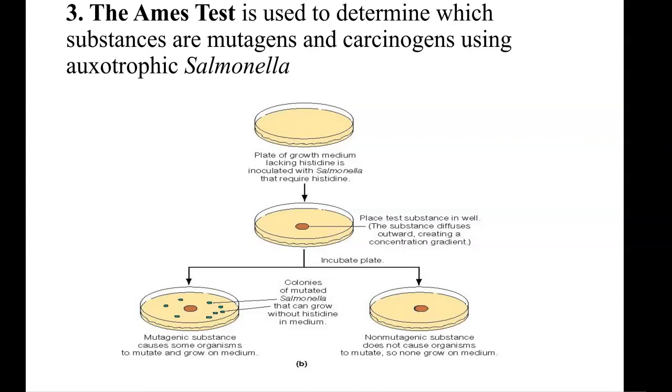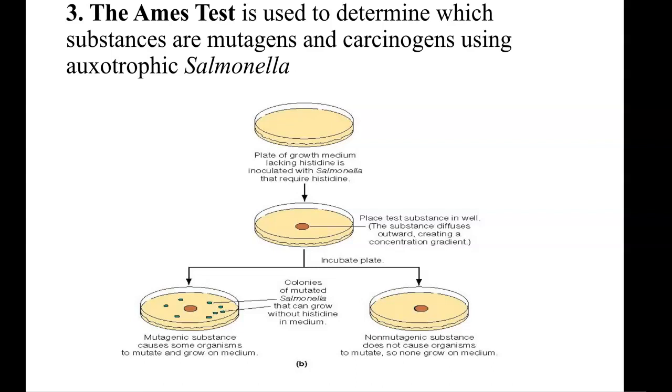This is how scientists test whether the chemical or drug they're testing forms mutations. They take a filter paper disc, soak it in the chemical they want to test, and put that on the lawn of growth. Then they incubate it. If that chemical did not cause mutations, the bacteria would not grow, so we would not see growth. If it did cause mutations, then we would see growth.